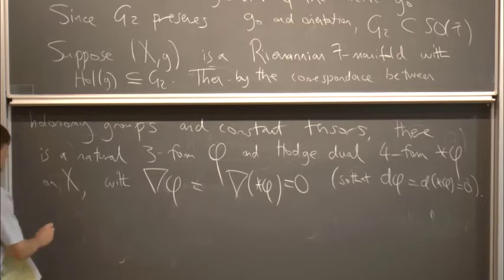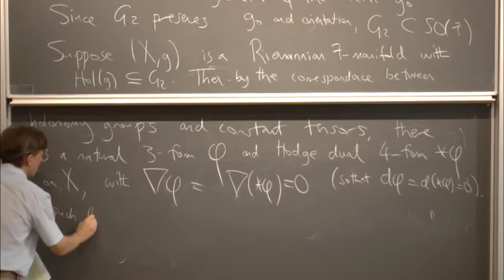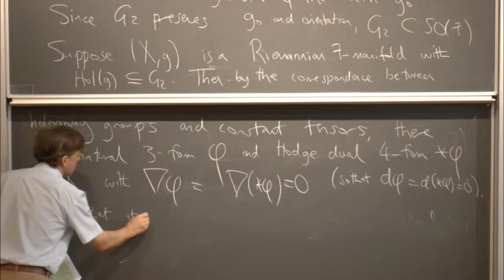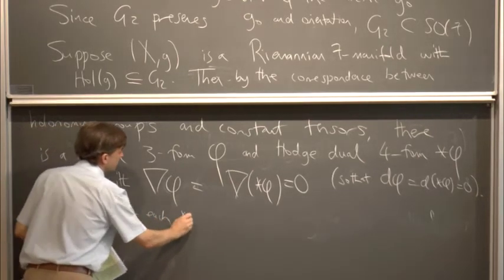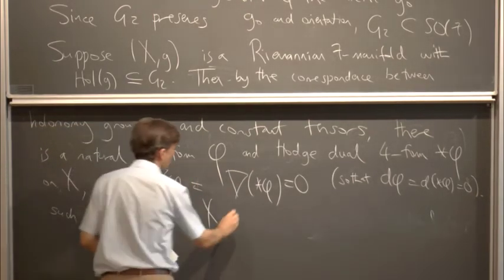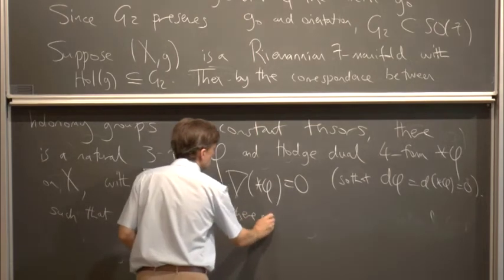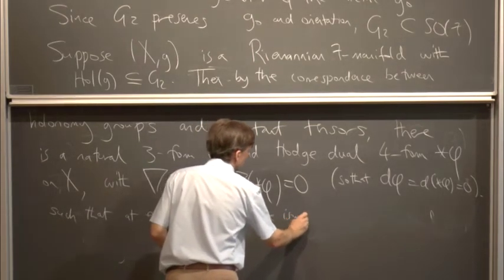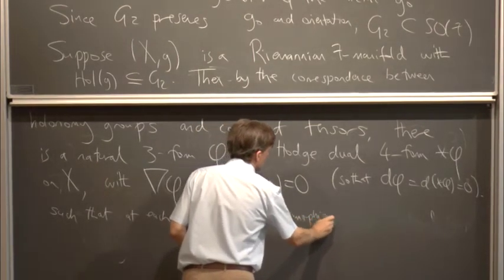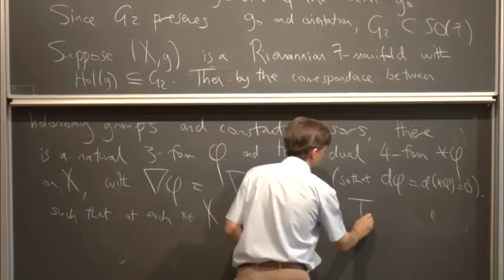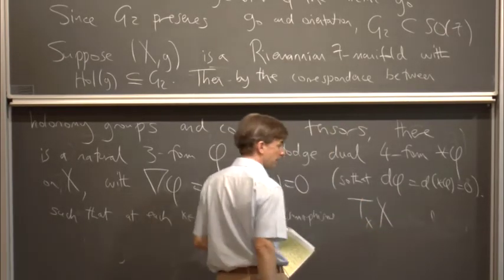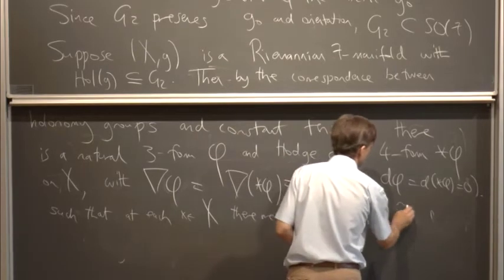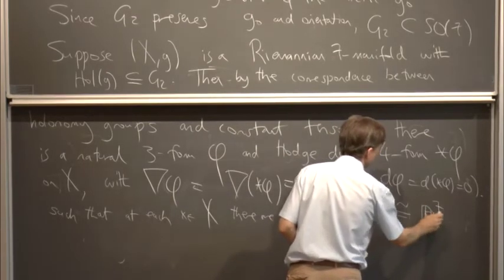And such that at each point little x in big X, there are isomorphisms from the tangent space at x to R7.